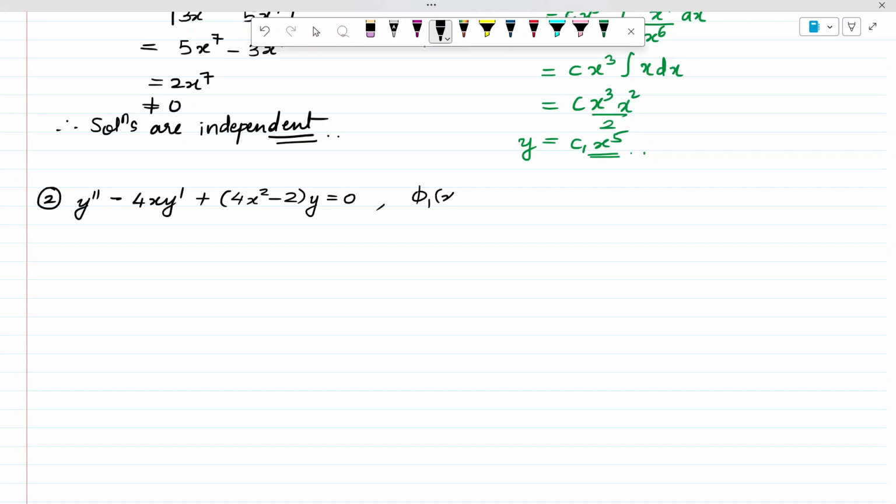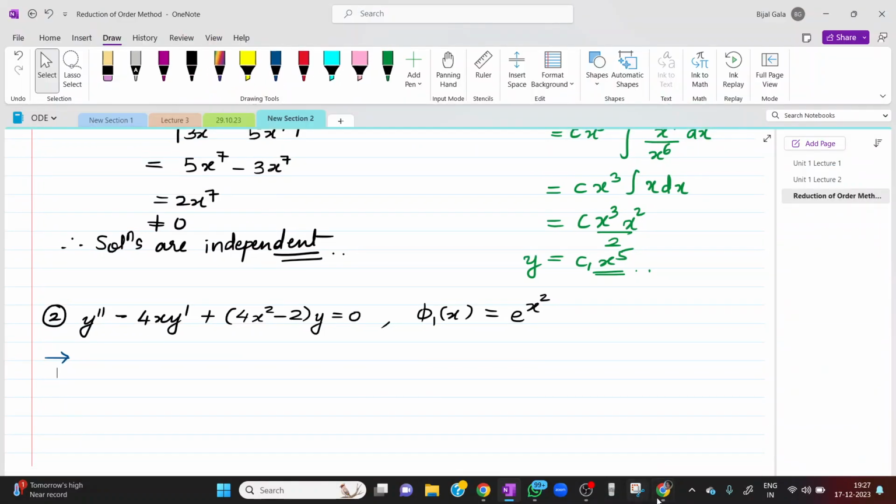First solution is given to you as e raised to x square. Okay. So begin by verifying that phi 1 is a solution and try to find the second solution.